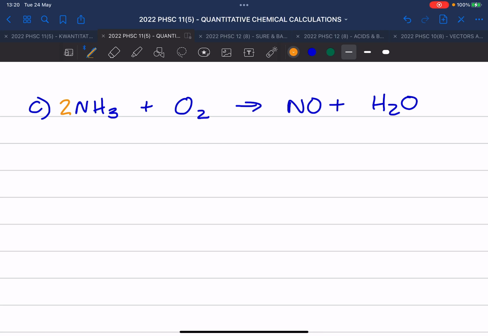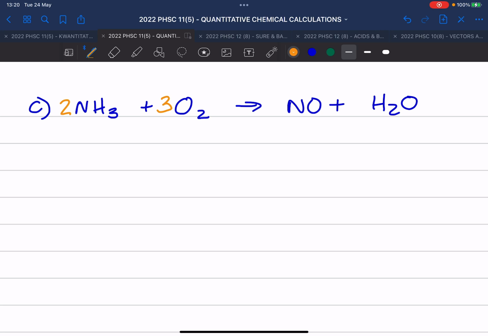I'm going to put a 2 in front of oxygen. Yes. It's not right. Of water, I'm not sure. Isn't it 3 in front of the nitrogen?